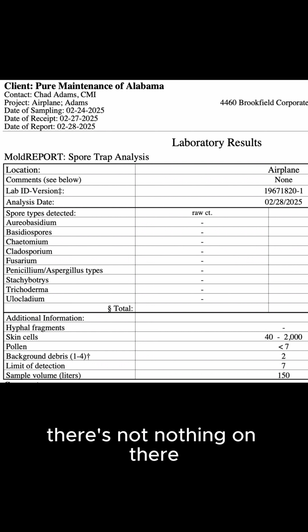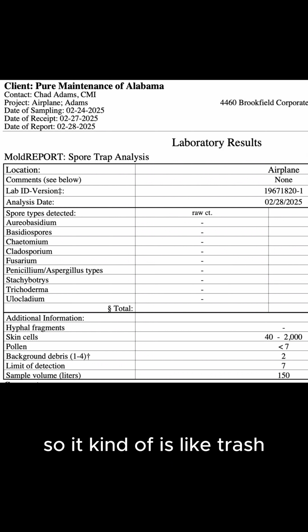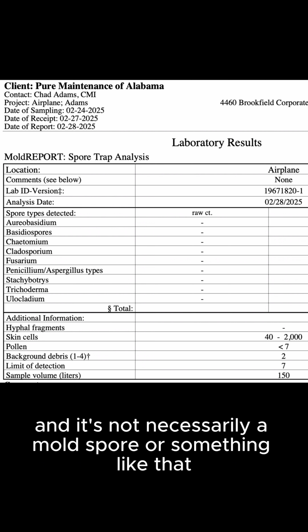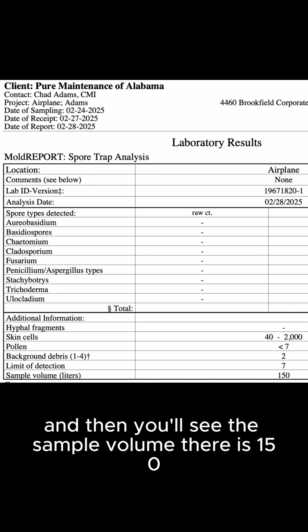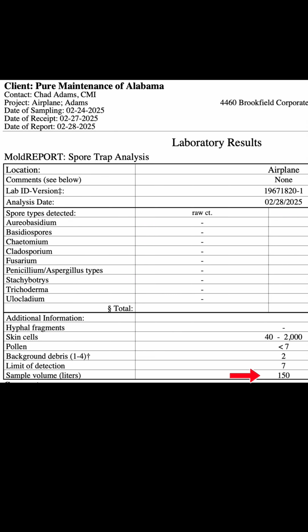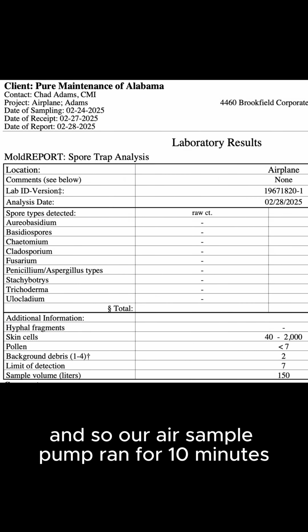It's like trash, just something showing up on the slide, and it's not necessarily a mold spore. And then you'll see the sample volume there is 150, which just means that we took a 10-minute test, and our air sample pump ran for 10 minutes.